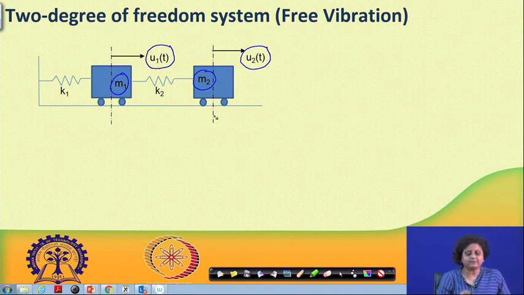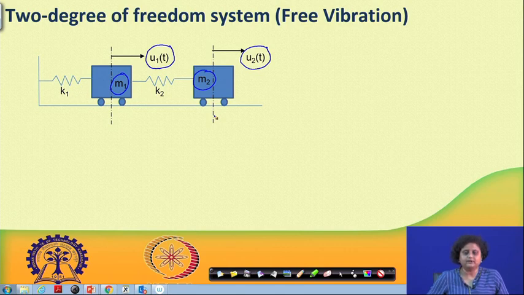You can easily appreciate that u1 and u2 are independent of each other, and u1 and u2 completely explain the vibration of this system of 2 masses connected with each other with 2 springs k1 and k2. So, we have 2 linear springs with spring constants k1 and k2.